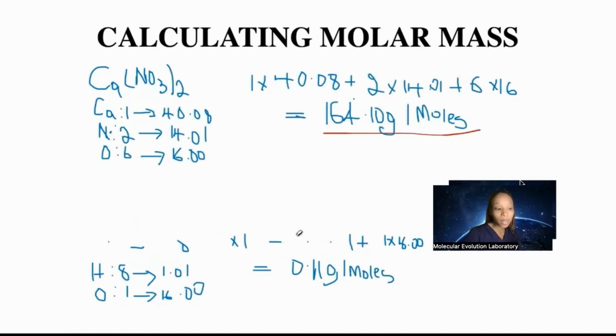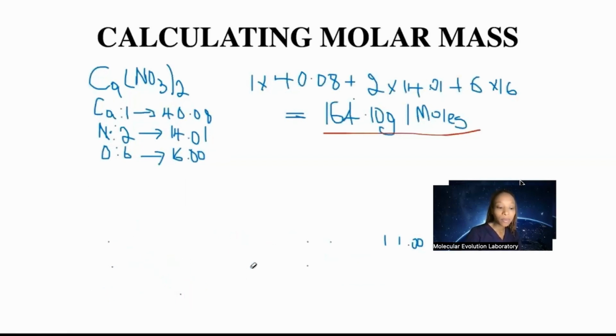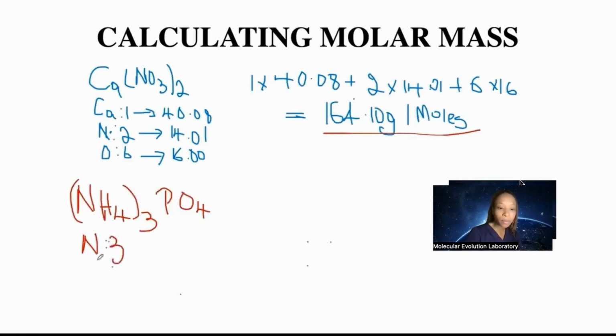All right, let's try the last one, ammonium phosphate. So we have (NH4)3PO4. We have 1 nitrogen times 3, and 1 hydrogen times 4 times 3, which is 12.